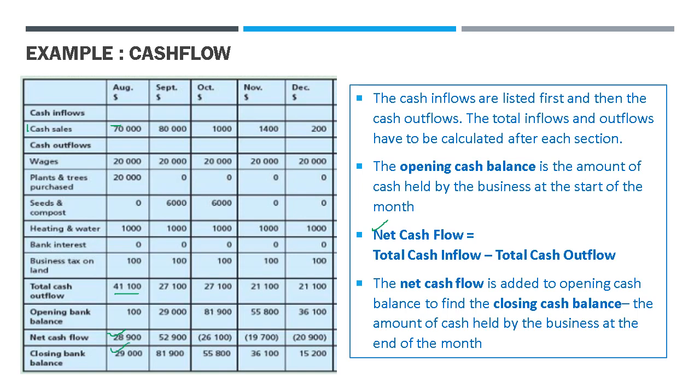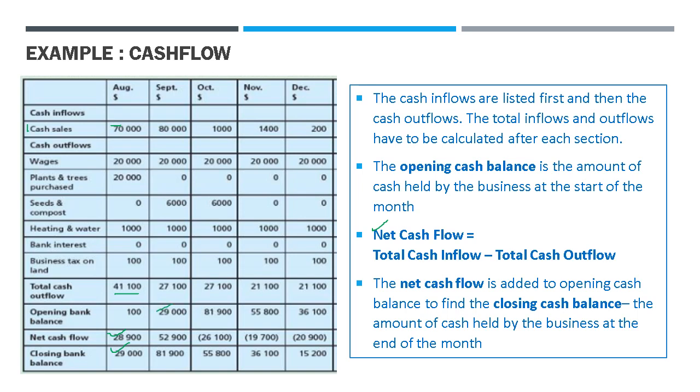I want you to remember one thing. This month's closing balance will be the next month's opening balance. For example, for August, the closing bank balance is $29,000, which would be September's opening bank balance, 29,000.